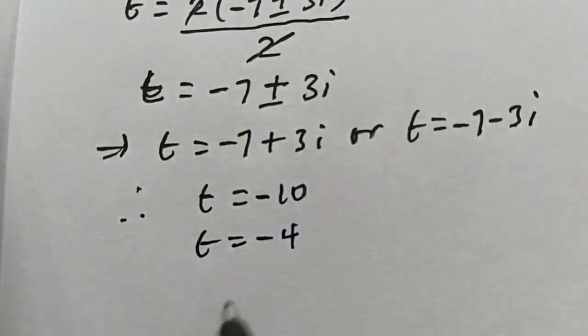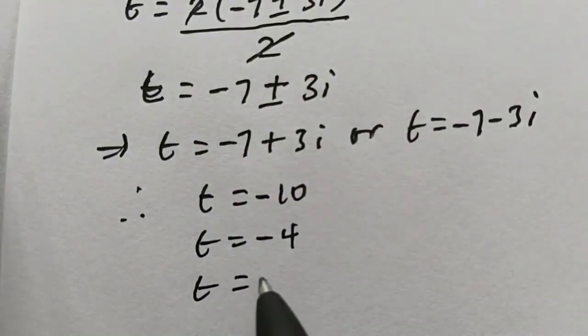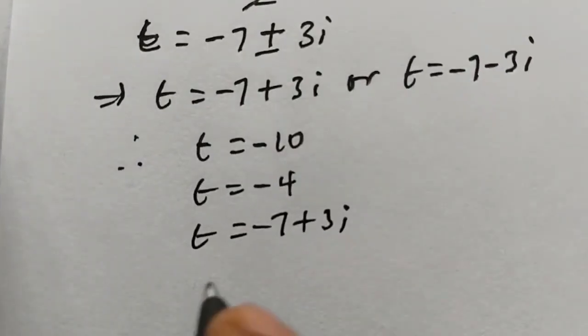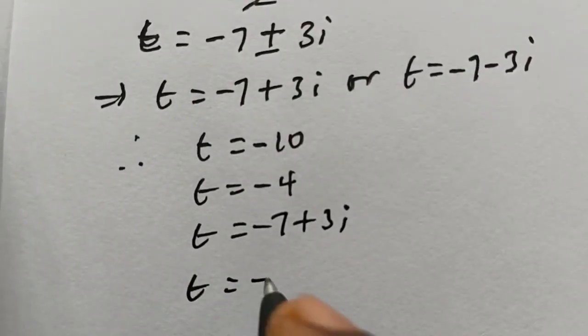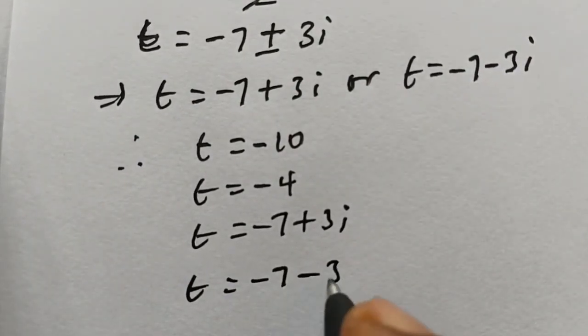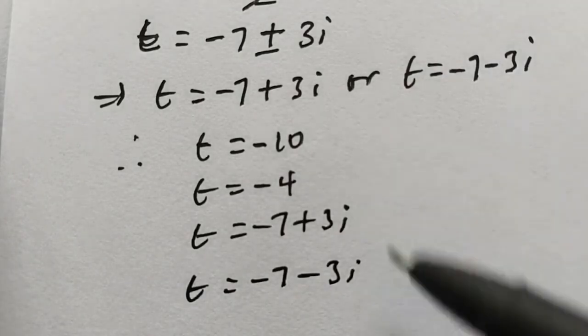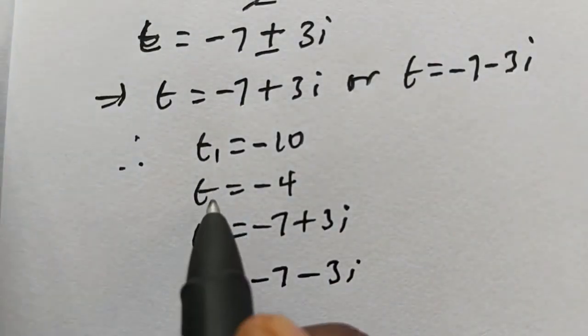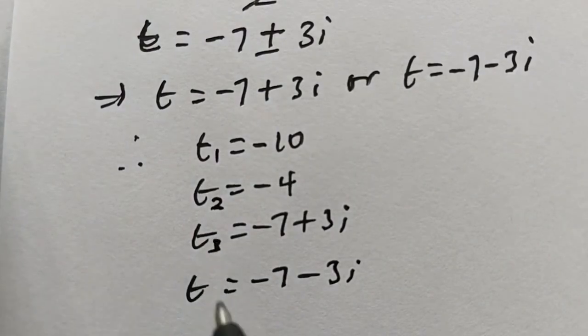This is another set of solutions: T equal to minus 7 plus 3i and T equal to minus 7 minus 3i. You will see that in total we have 4 distinct solutions. Let's call this T1, T2, T3, T4 respectively.